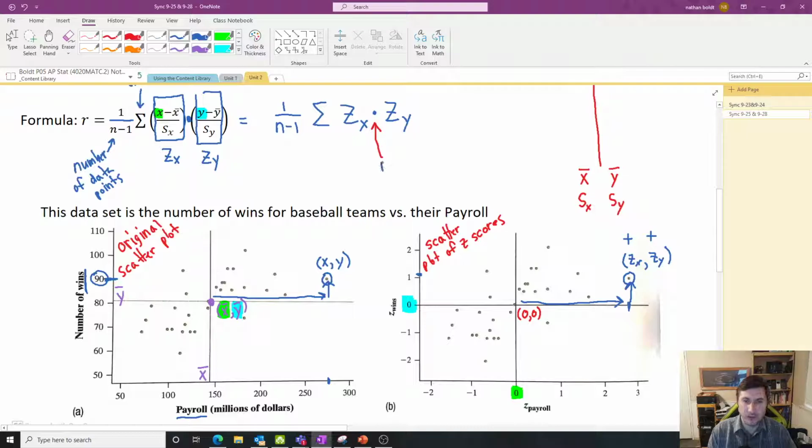And again, remember we are multiplying zx times zy, and so a positive times a positive will end up with a result of a positive number. And that logic holds for all of these points. All right, the x and the y are both positive. So all of these points here are going to be positives.